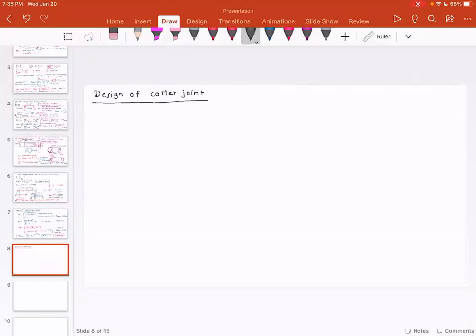A quarter joint is used to connect rods. I want to give you a very simple example. Imagine that you have a steam engine. So this is a steam engine.